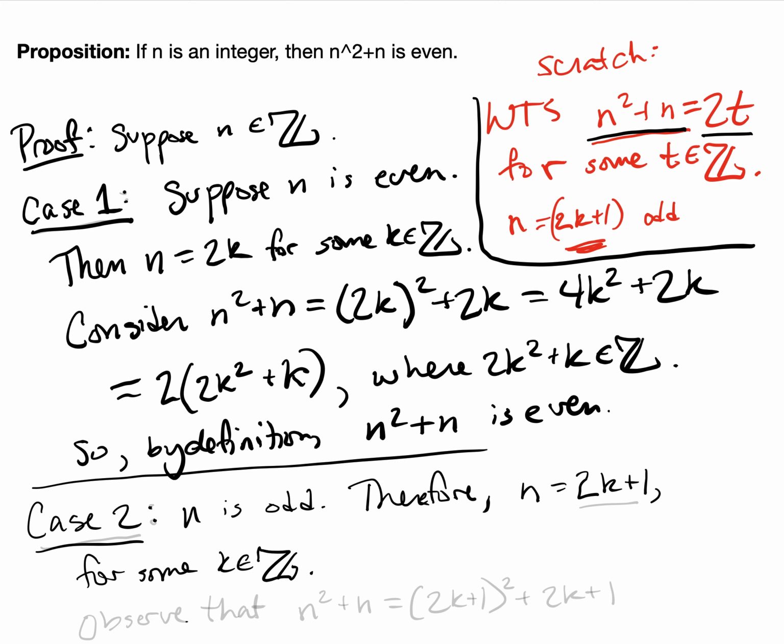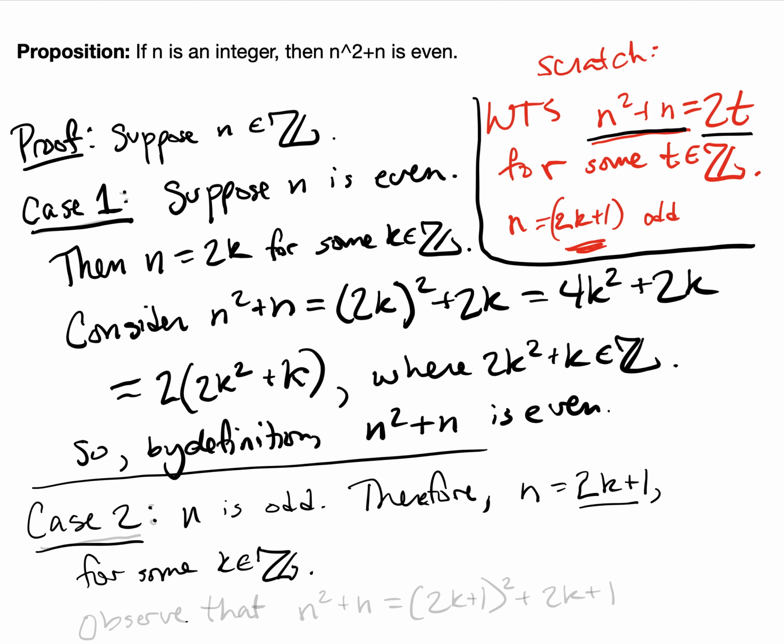Notice at this point that I can use the same variable that I used above. So in case 1 I use the variable k, and in case 2 I can also use the variable k if I wish, or I can switch variables. It doesn't matter.